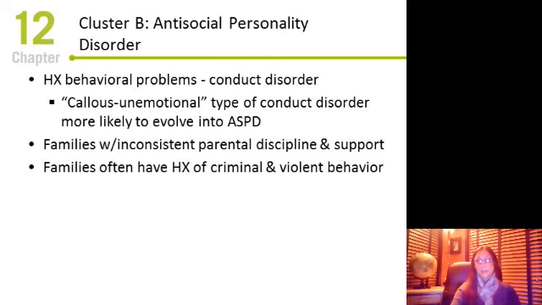parental discipline and support. So if someone's child is acting inappropriately, and the parents and family do not direct them accordingly, don't discipline them the way they should, they continue acting as if their manners are appropriate, and they're not.